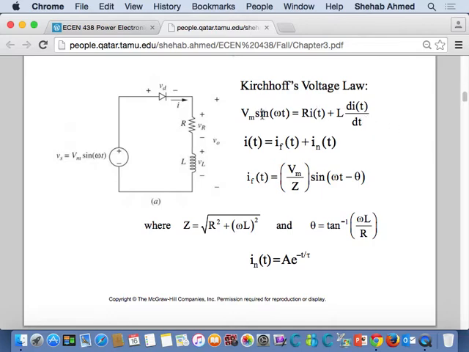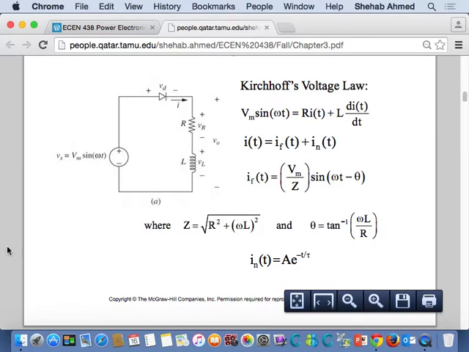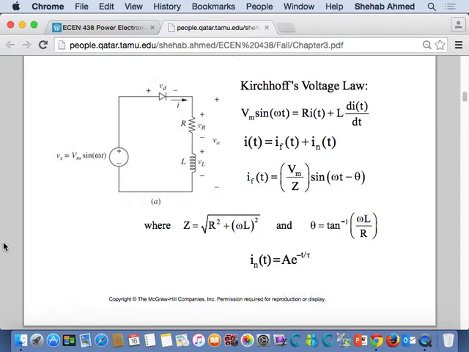I can bring Ri of t on one side and solve it. Or I know that the solution of a first order differential equation, and we will only use first order differential equations in the course, right? The solution to a first order differential equation will always be A e to the exponential form, right? And then we can find the value of A from the conditions of the circuit.